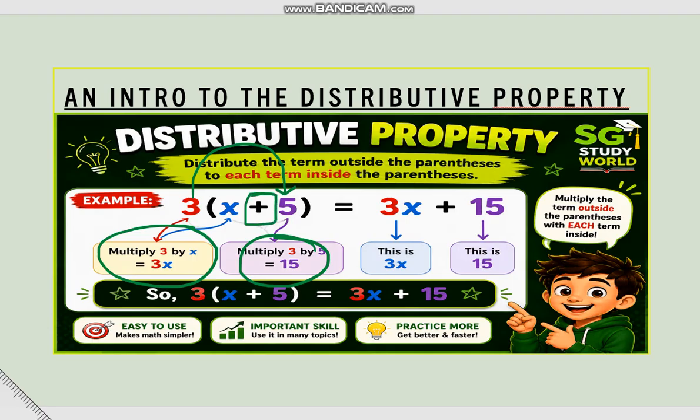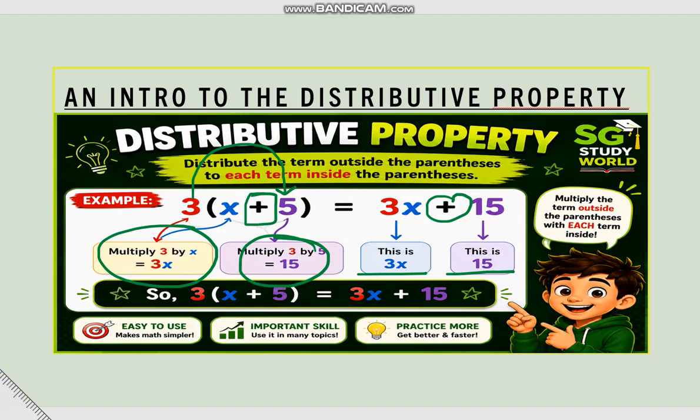That is why when we bring 3x and 15 together, it will be by the help of a plus sign. So 3 parentheses begin, x plus 5 becomes equal to 3x plus 15 because 3 has been distributed equally between the x as well as 5.